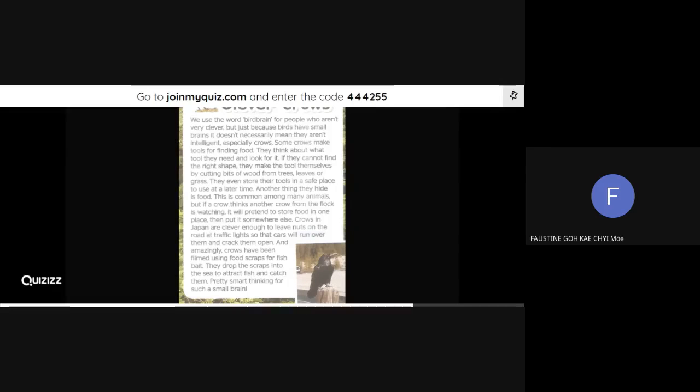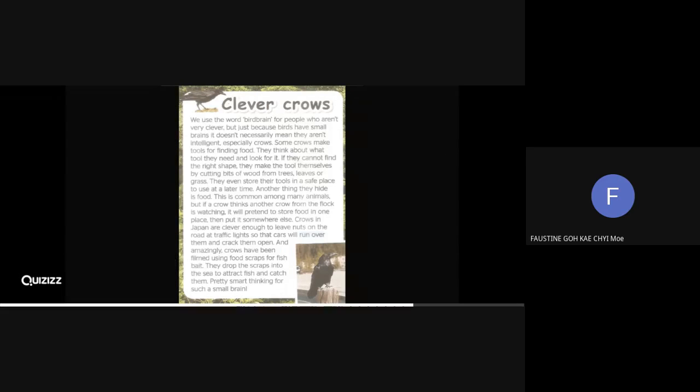We use the word bird brain for people who aren't very clever, but just because birds have small brains, it doesn't necessarily mean that they aren't intelligent, especially crows. Some crows are made too for finding food. They think about what tool they need and look for it.